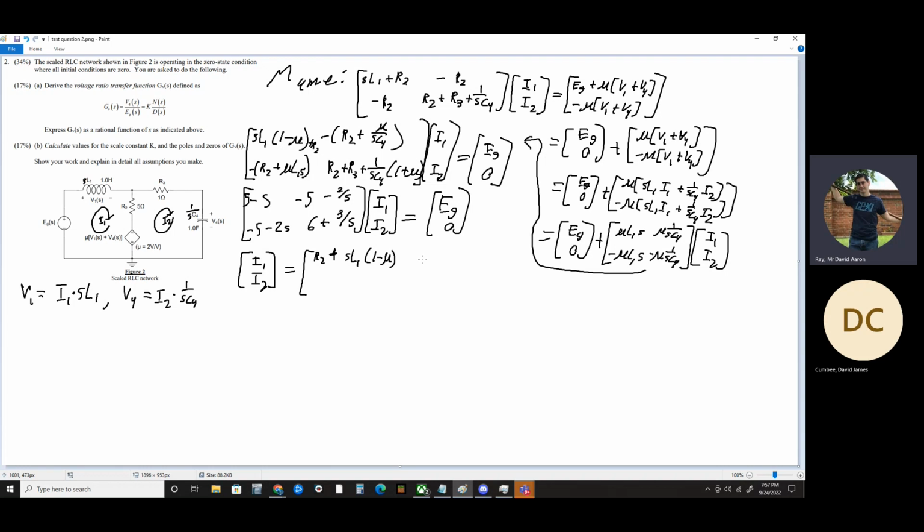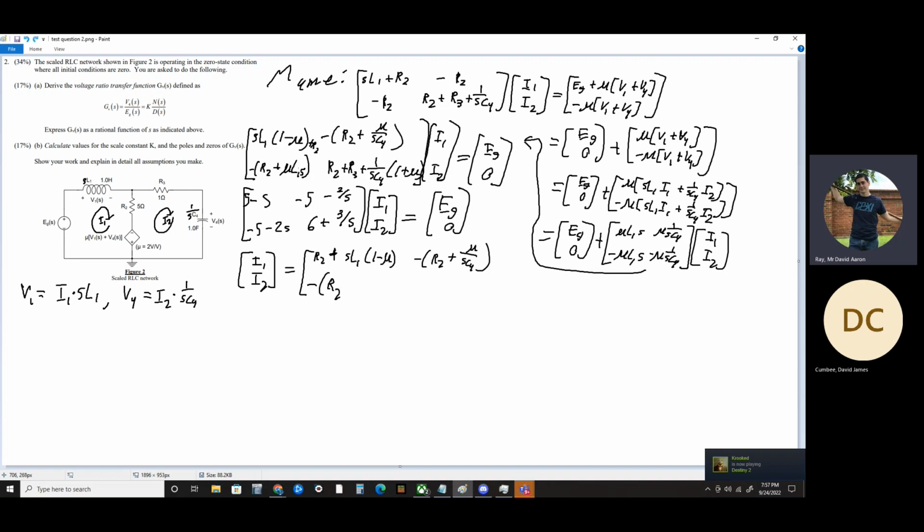And then the right side is supposed to be negative R2 plus mu over SC4... negative R2 plus, okay, it was supposed to be negative R2 minus mu L1S.